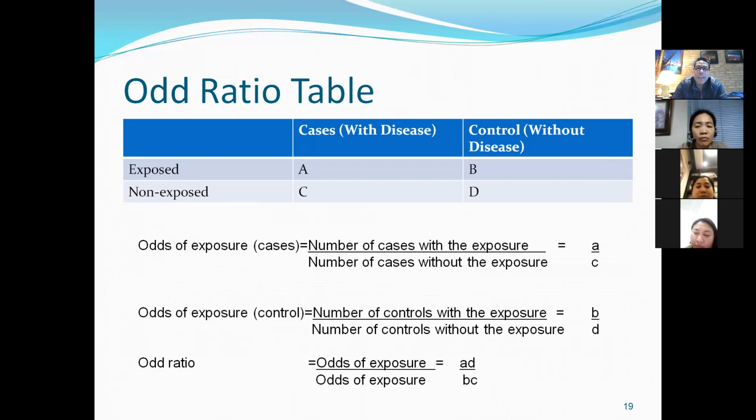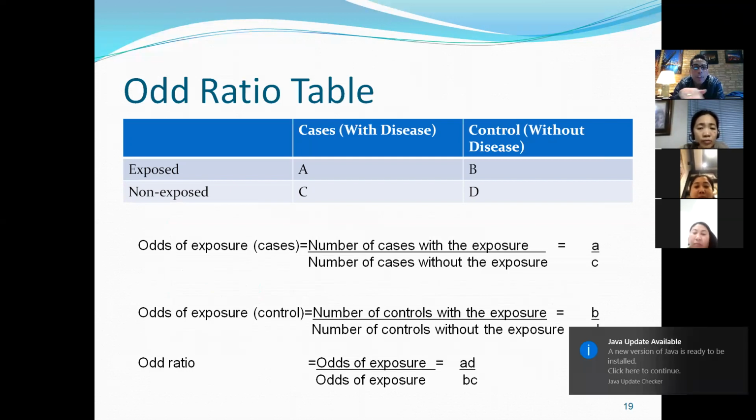And in the columns, you label your cases, those that developed the disease. You label those exposed and with the disease as A. And the ones that are exposed but without the disease are labeled as B.